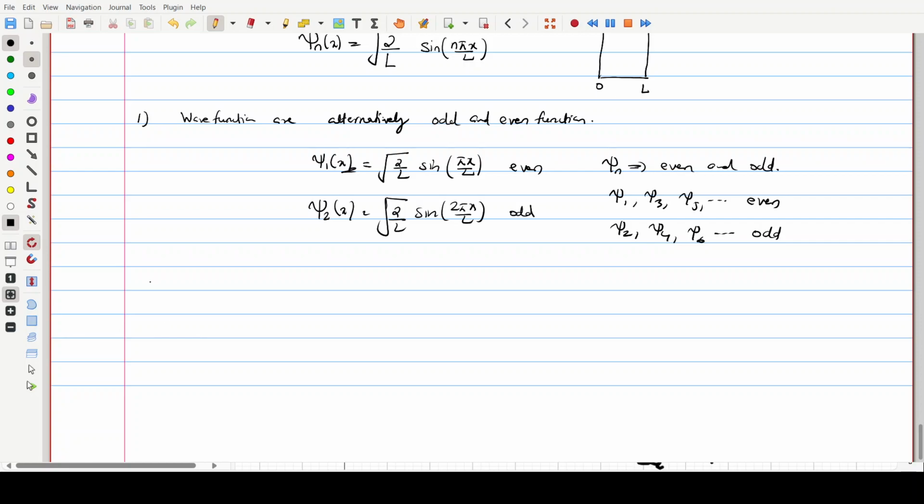Now the second aspect, which we have also discussed while illustrating in GeoGebra, is the number of zero points. These are also called nodes. So the number of nodes between the endpoints increases by 1 in each excitation.